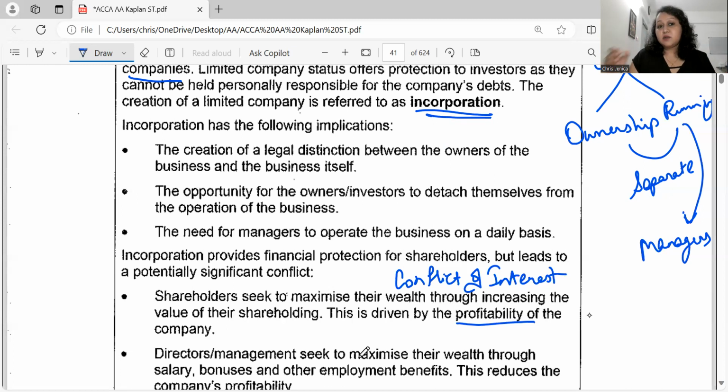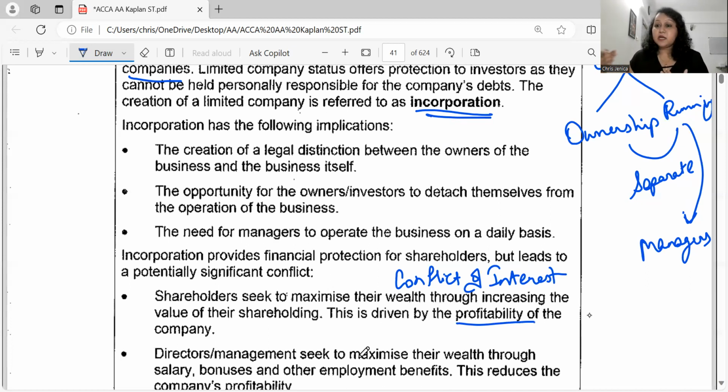Whereas that could conflict with the interest of the directors or the management, because they will be interested in increasing their salaries. They would want more bonuses and some employment benefits, maximizing their own wealth.